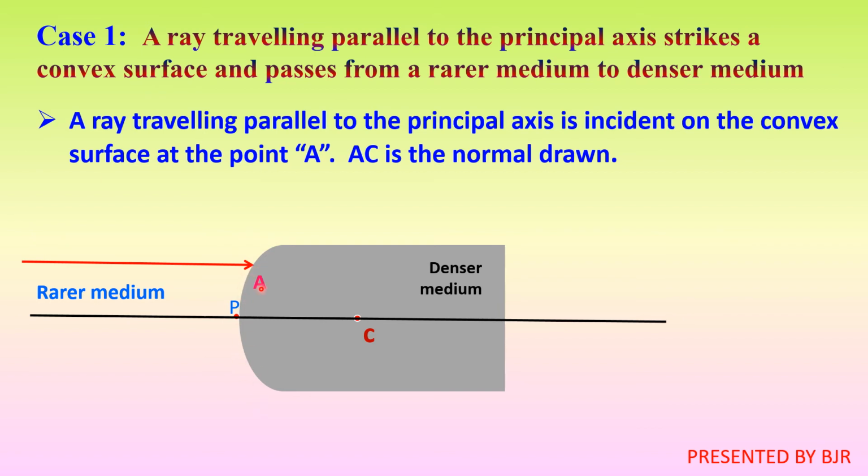Now we have to draw the normal at this point. How do we draw the normal? Simply join C and A and draw a line like this.